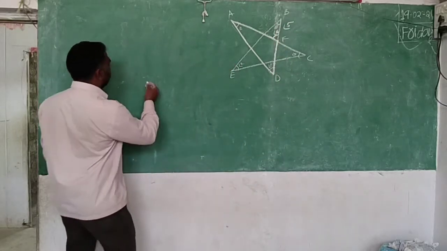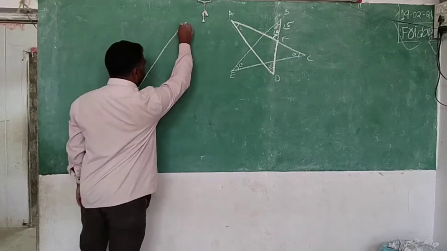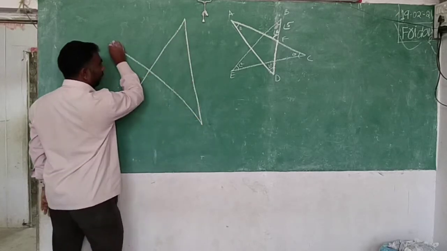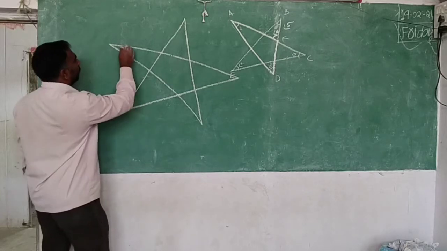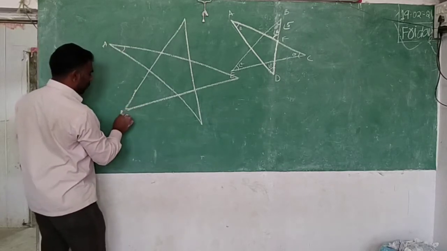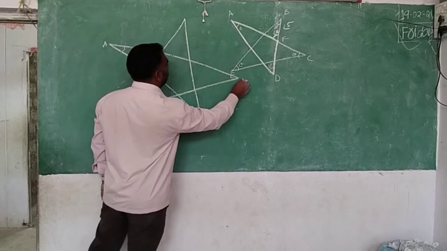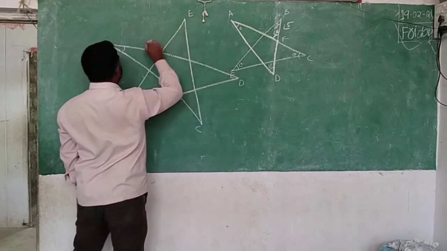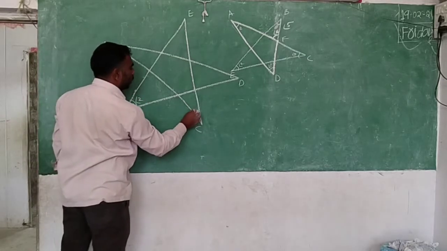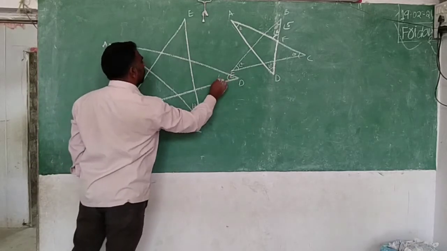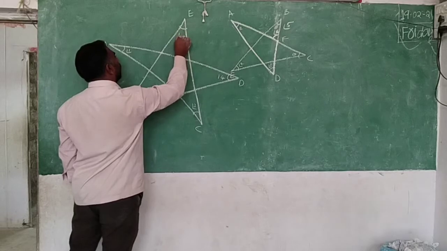Once again I will draw it. A, B, C, D, E. This is angle 1, angle 2, angle 3, angle 4, angle 5.